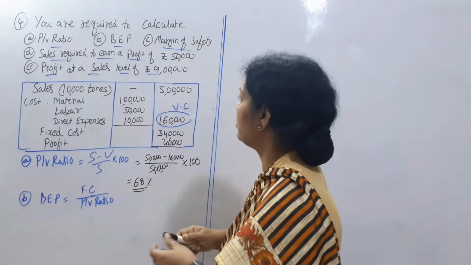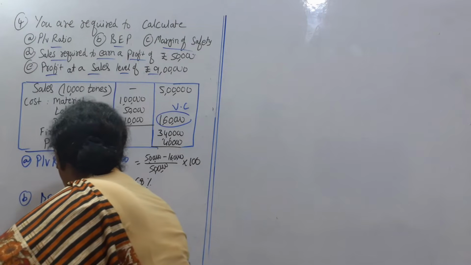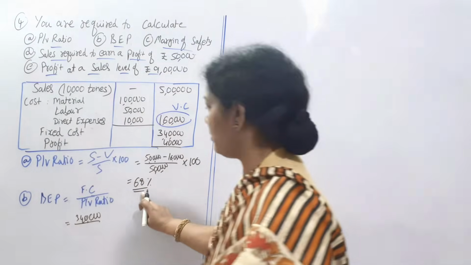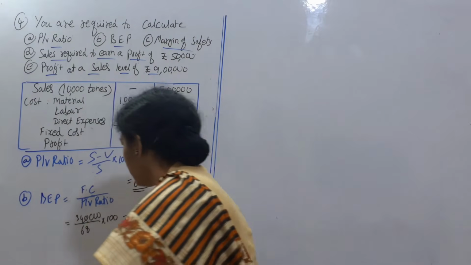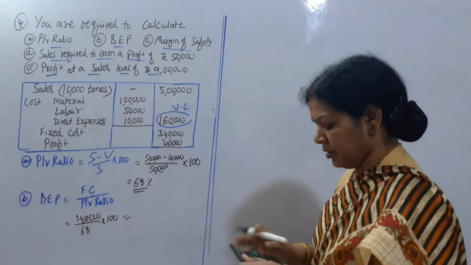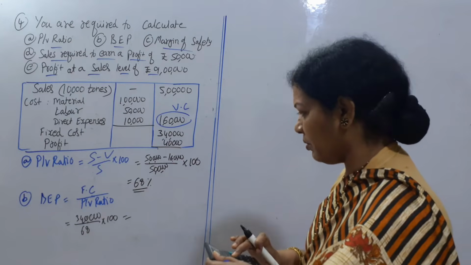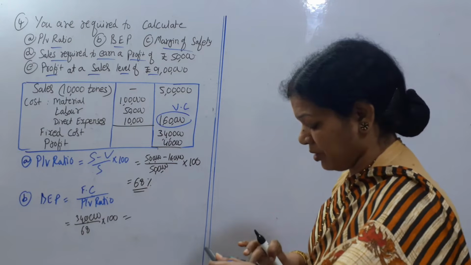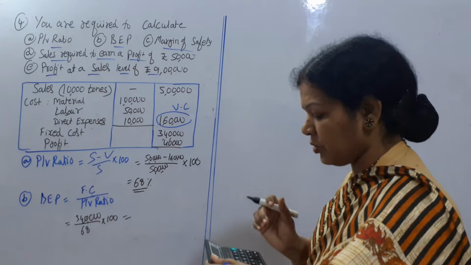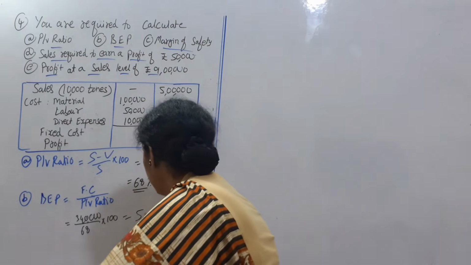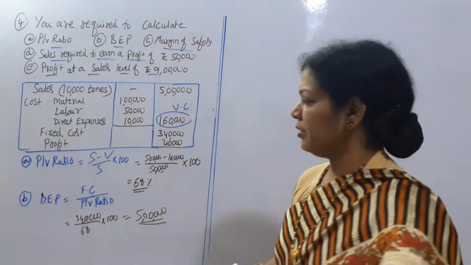Fixed cost is 3,40,000 by PV ratio. PV ratio is 68%, means 68 into 100. 3,40,000 into 100 divided by 68. It is 5 lakh. Break-even sales are 5 lakh. So second one is over.